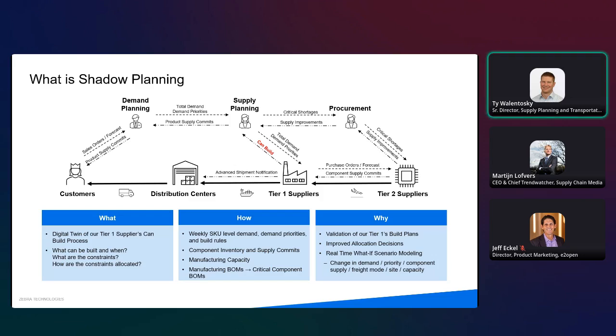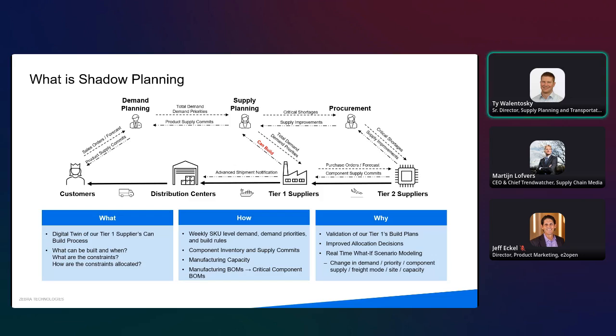So again, kind of the shadow plan that we're talking about here. It's ultimately a digital twin of our tier one's can build process, right? And we're really utilizing all of the information that is already flowing through e2open, right?